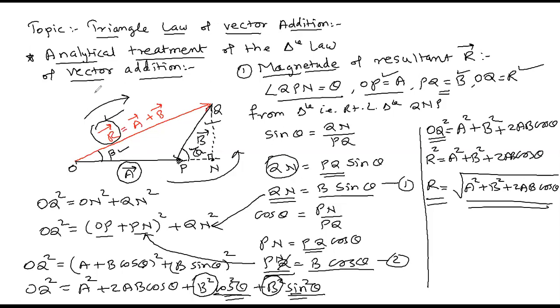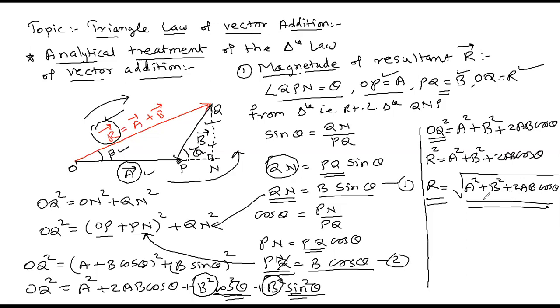Once again, see here. So in this triangle of vector addition, I have taken vector A and vector B. Then these two are making an angle theta with each other. Then by using the law of vector addition, I got the resultant vector, vector A plus vector B, and the resultant vector makes an angle beta with the vector A. So by using this right angle triangle concept, by making some construction here, I have calculated the value of the resultant vector R is equal to square root of A square plus B square plus twice AB cos theta.